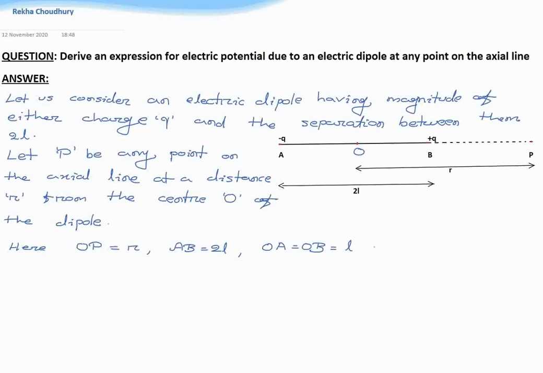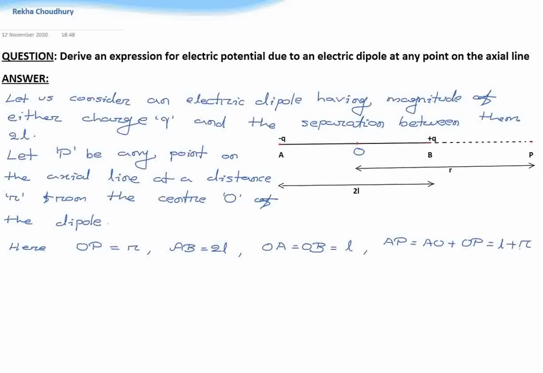Then AP is equal to, see here, AP is equal to AO plus OP. So this is equal to, OA is equal to L and OP is equal to r.